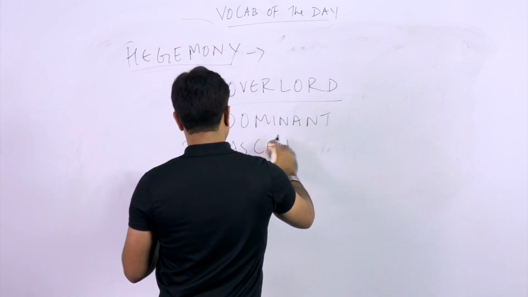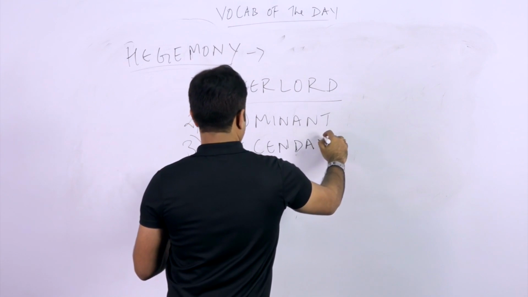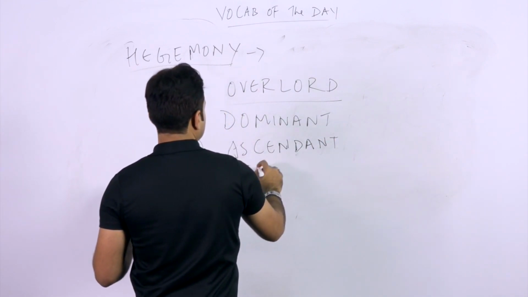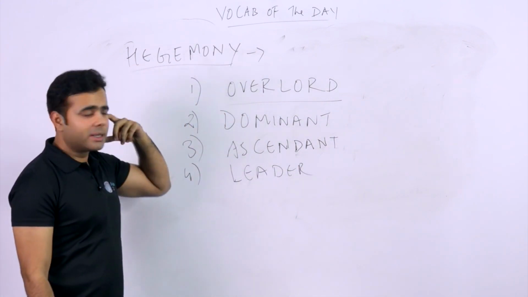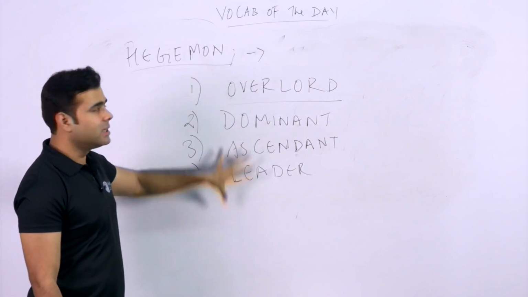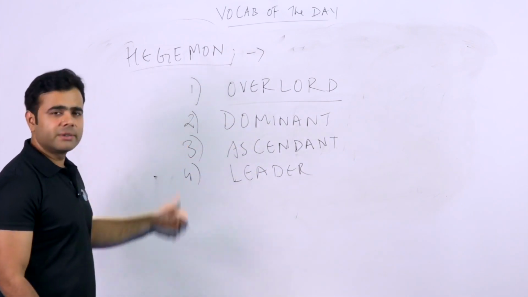A-S-C-E-N-D-A-N-T. Ascendant. And the fourth word I have taken is leader. A very simple word. So for hegemony, you can relate the word with leader. Actually, the word is hegemon, so you can say leader, or if you are using the word hegemony, you can say leadership. So it can be easily connected with these 4 words.